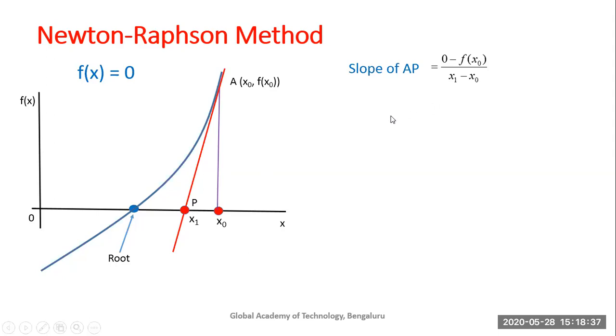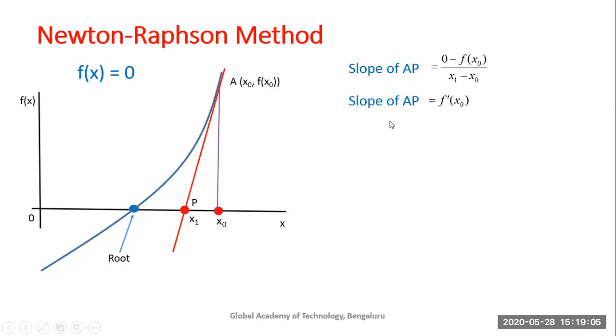And from calculus, we know that the slope can also be calculated using the derivative. The first derivative at the given point represents the slope of the tangent at that point. So the slope of the tangent AP is also given by the first derivative dy/dx, or f'(x) at x = x0. That is, f'(x0) denotes the slope of the same line AP.